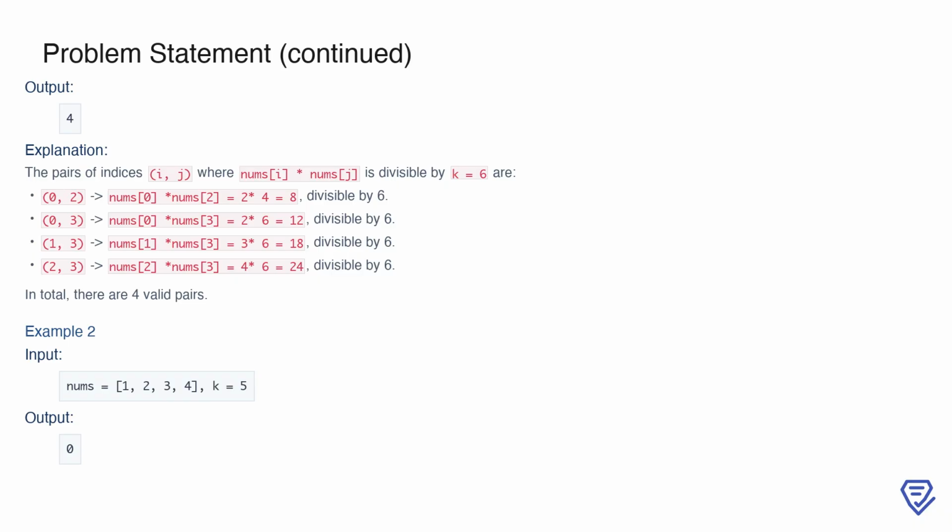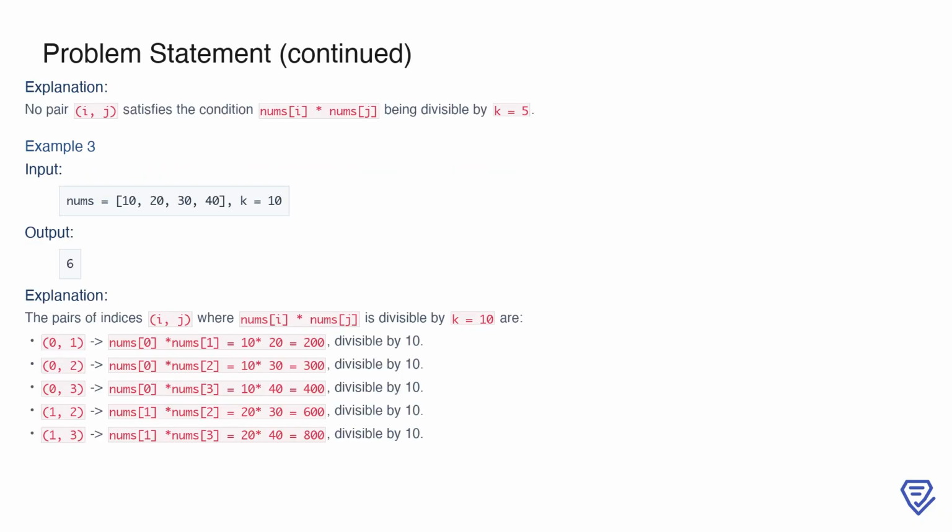Since 8 is divisible by 6, this pair is valid. Similarly, the pair (0, 3) gives 2 * 6 which is 12, the pair (1, 3) gives 3 * 6 which is 18, and the pair (2, 3) gives 4 * 6 which is 24. All of these products are divisible by 6, so we count all 4 pairs as valid. The output, therefore, is 4.